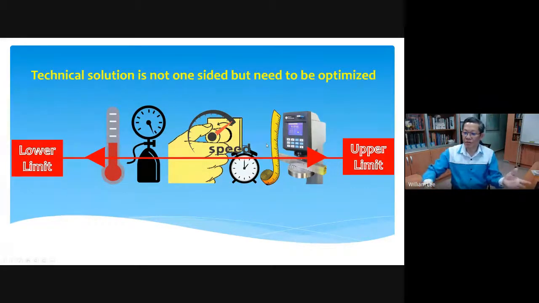For example, if the temperature is too low, of course, you cannot melt down the plastic, you cannot flow it. If the temperature is too high, you may overheat the plastic, you destroy the molecular chains, which is no good for the product. So you need to control. You need to narrow, you need to find the best optimized range, right, to build this robust working window for your process.